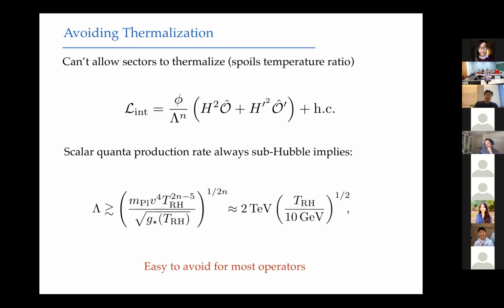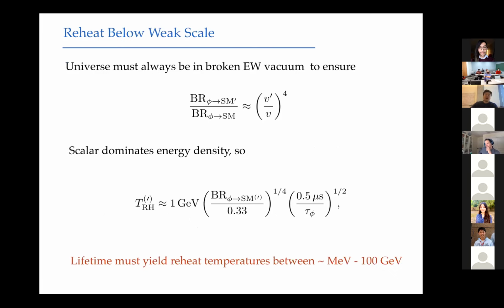Once these operators are no longer represented in the electroweak vacua of the two sectors, they're going to have a much more complicated dependence on other model parameters. Working in the broken vacuum ensures that all of the phi decays end up having the proportionality that we want. It gives the right amount to each sector.